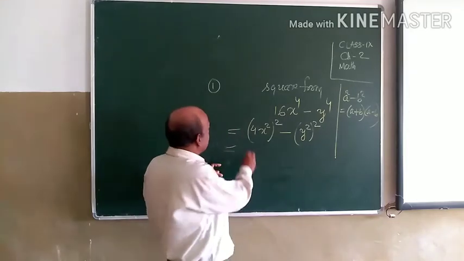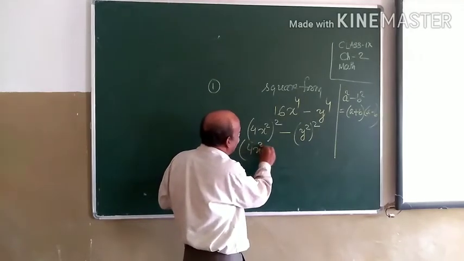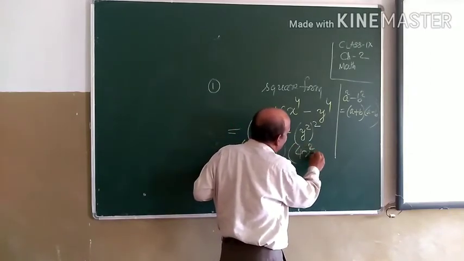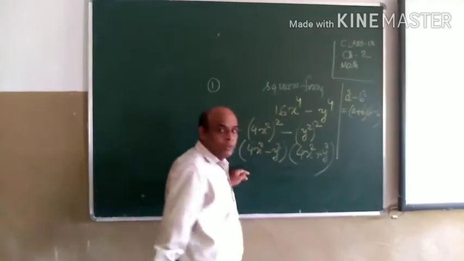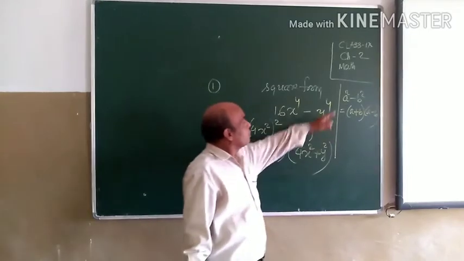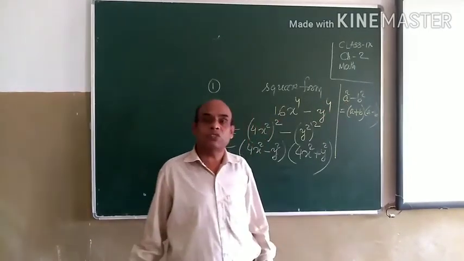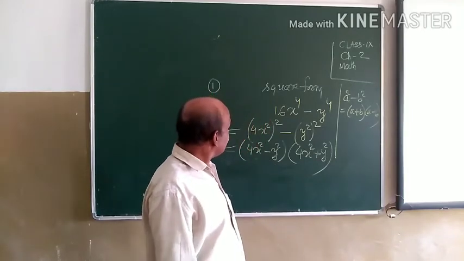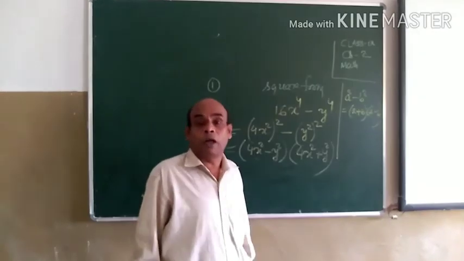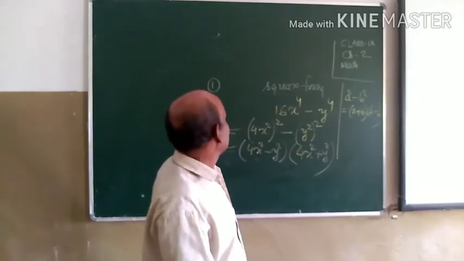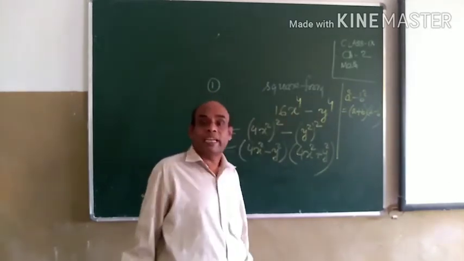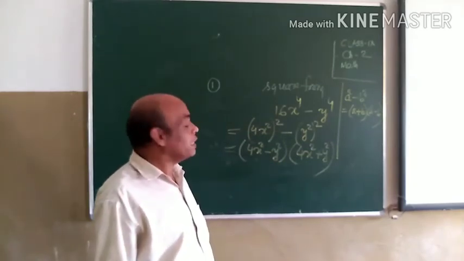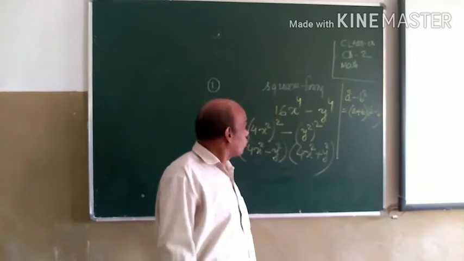So according to that, you have to write 4x square minus y square into 4x square plus y square, because I already told you the formula: a square minus b square is equal to a plus b into a minus b. We checked that the question is in the form of a square minus b square. So 16x to the power 4 can be written as square of 4x square and y to the power 4 as square of y square.